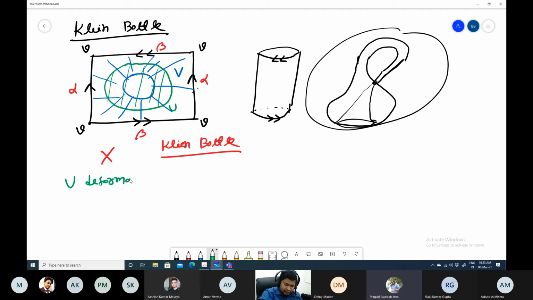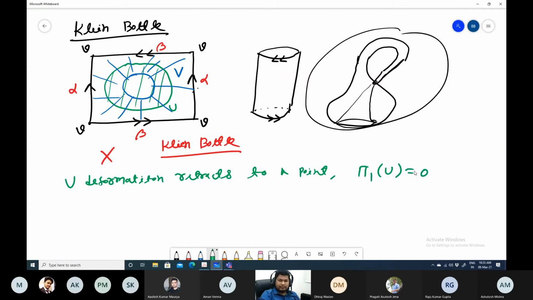So U deformation retracts to a point. Therefore pi 1 of U is 0. Now what is V? V is the complement of that. Now U and V are both open. Now what does V deformation retract to?